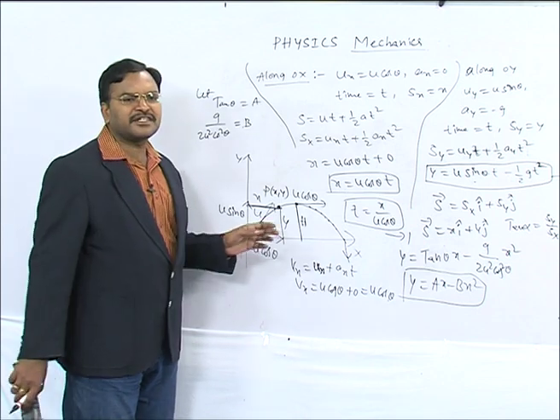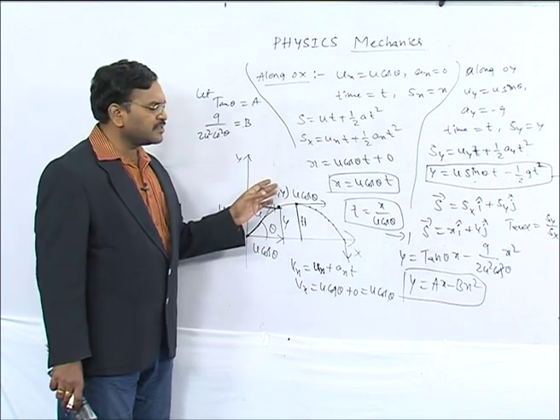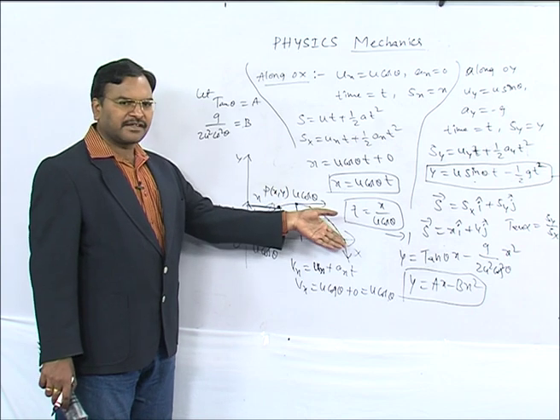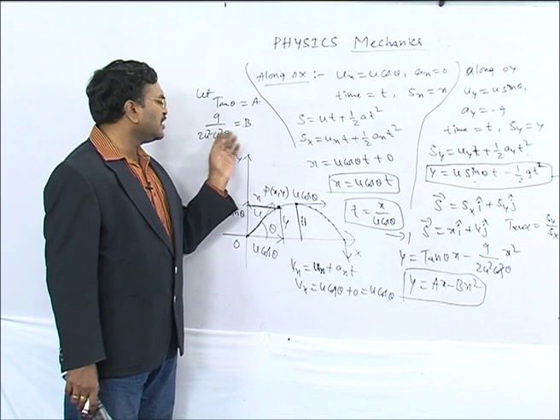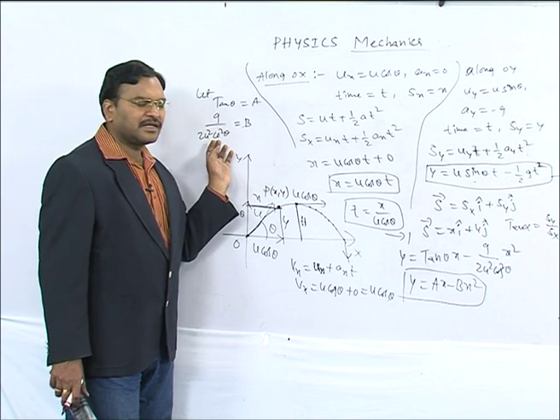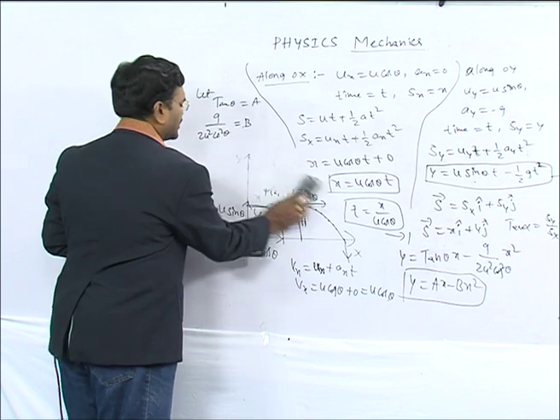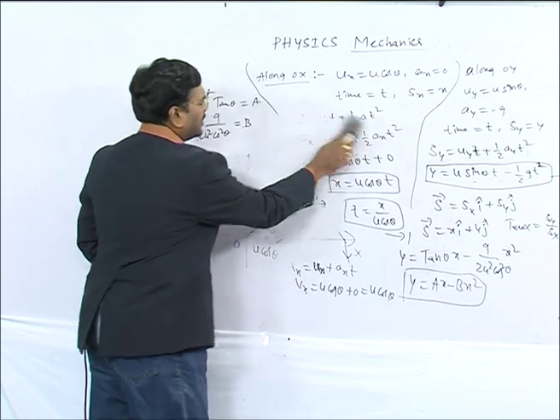In examinations, they ask very simple questions. Sometimes they give the trajectory of a projectile and ask to find the angle of projection, or the initial velocity. If you know the b value, we can calculate the initial velocity. How do we calculate the angle of projection?